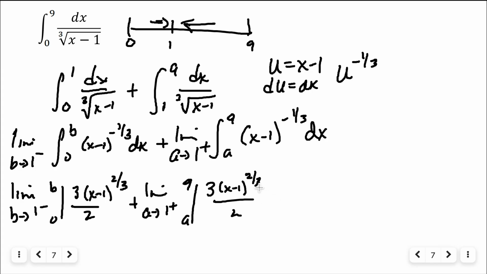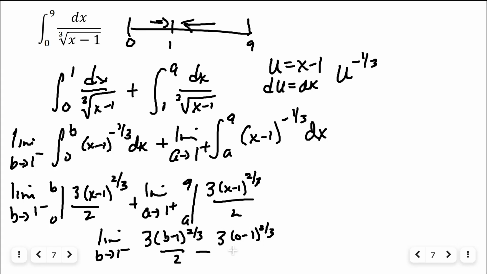Okay, and now I'm going to substitute in and see what I get. All right, here we go. So this is going to be the limit as b goes to 1 from the left, 3 times b minus 1 to the 2/3 over 2 minus 3 times 0 minus 1 to the 2/3 over 2.